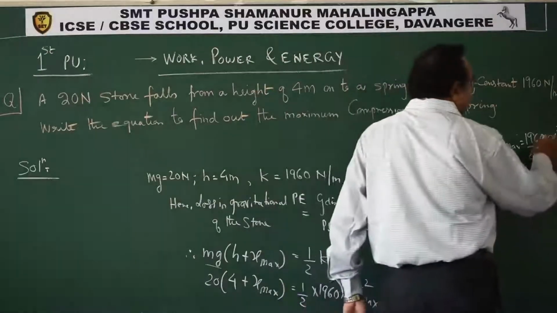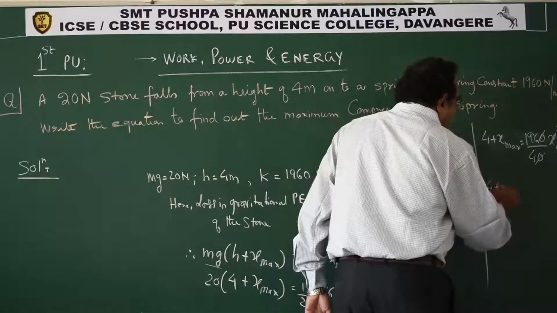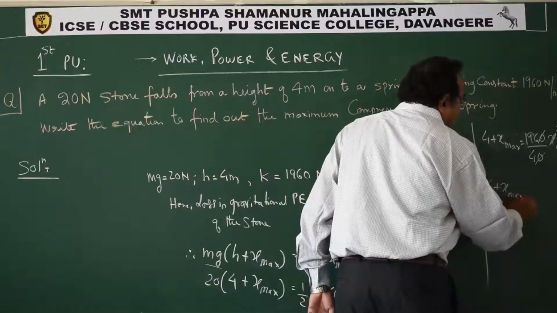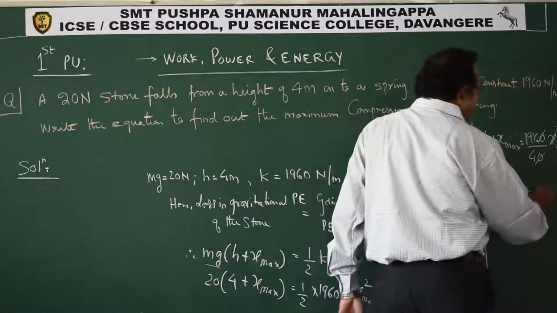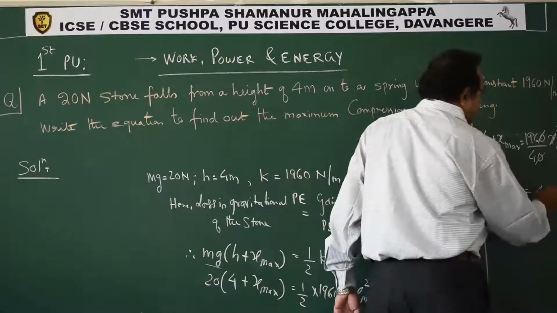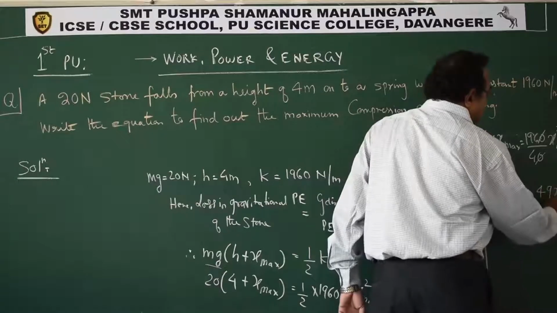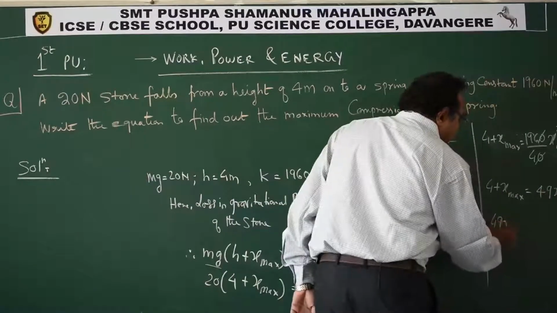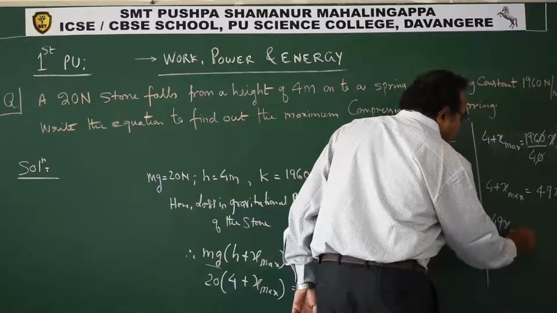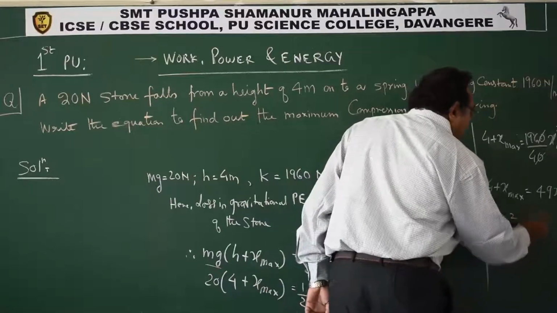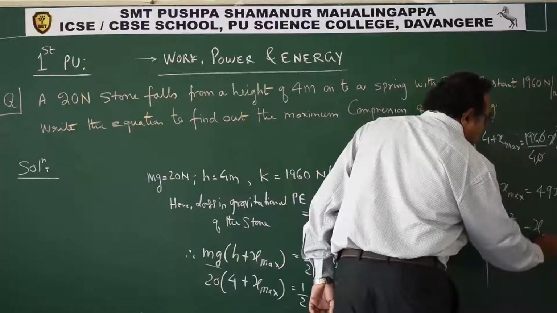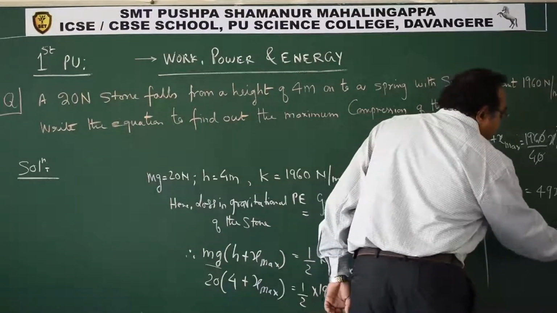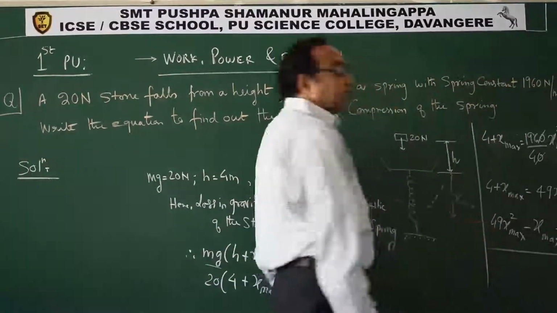Simplify. So 4 plus x max is equal to 49 x square. This is the equation: 49 x square minus x minus 4 equal to 0. So this is the equation.